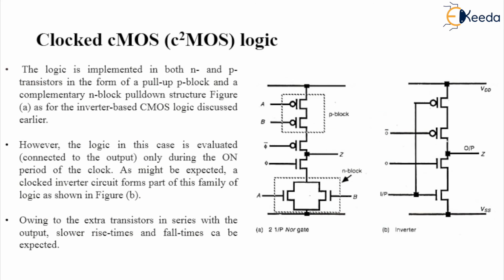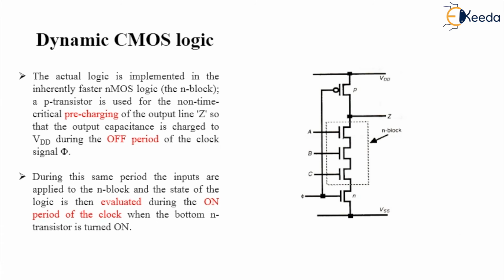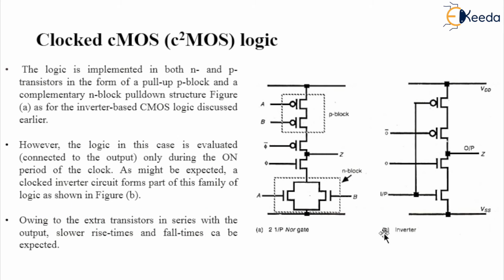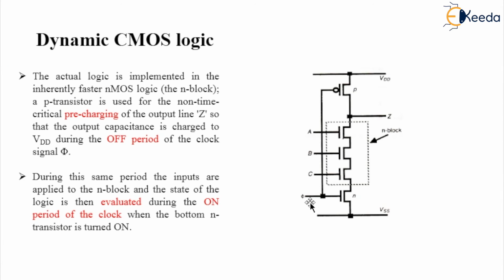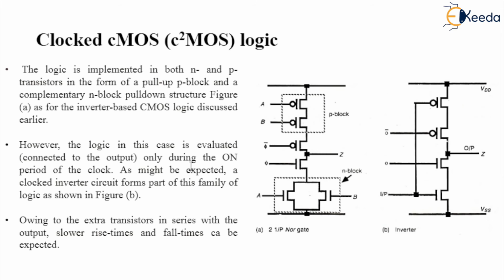However, the logic in this case is evaluated only during the on period of the clock. We discussed the evaluation period as well as the pre-charging period; the same thing is here also. Evaluated means connected to the output. So phi equal to 0 means pre-charging period, and when phi is equal to 1, it is an evaluation phase. Evaluated means connecting to the output only during the on period of the clock.